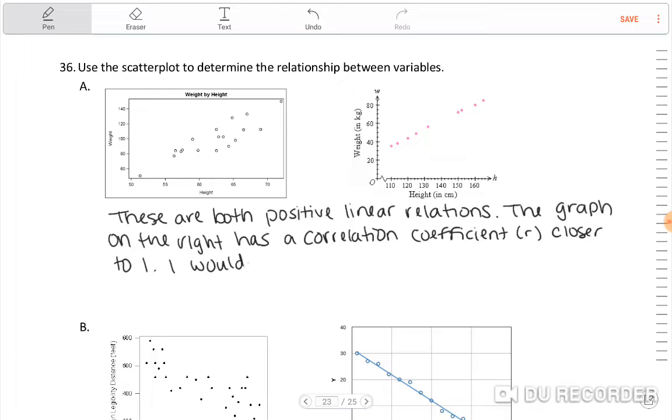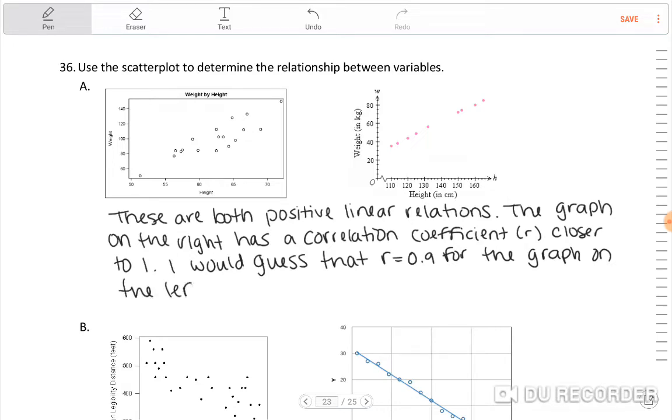I would guess that R is 0.9 for the graph on the left. And R is 1 for the graph on the right.